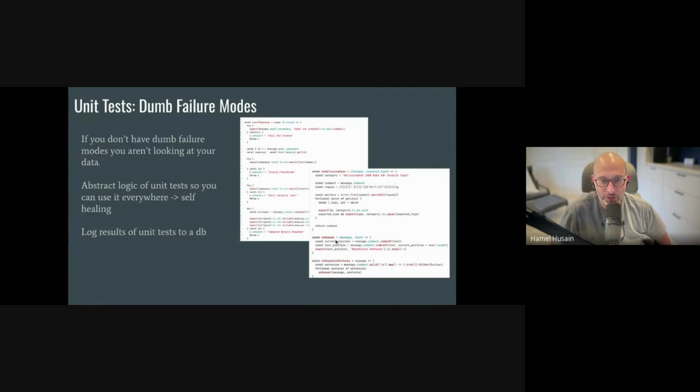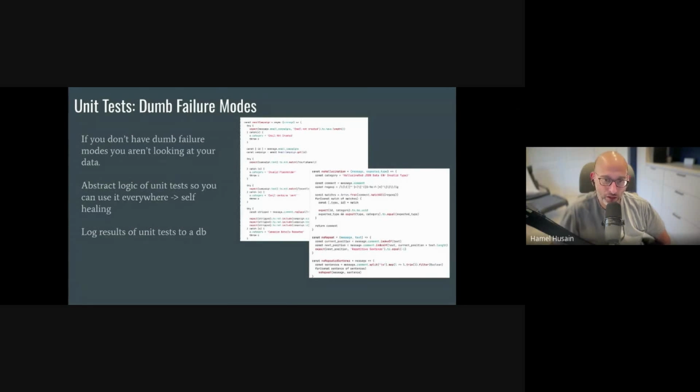This is some real code; these are just screenshots, but you see there are some assertions. This is JavaScript, or rather TypeScript. This one checks for an invalid placeholder, like an email that contains a word it's not supposed to. These are domain specific failure modes that you can write assertions against.